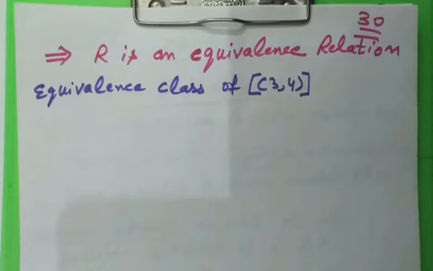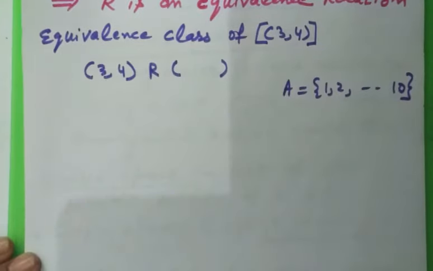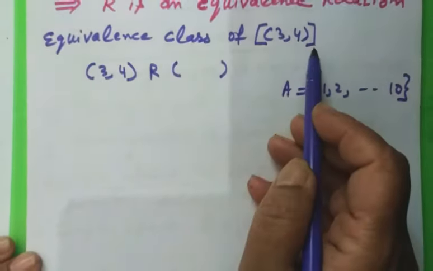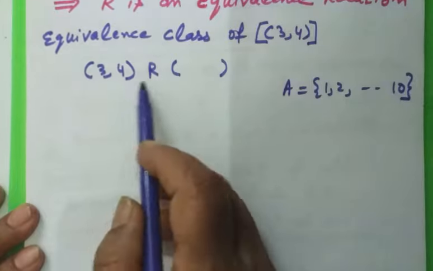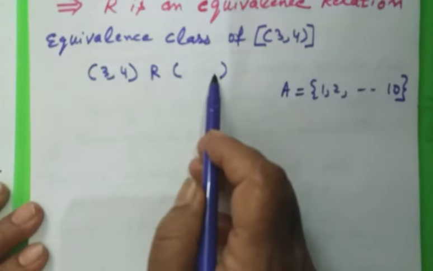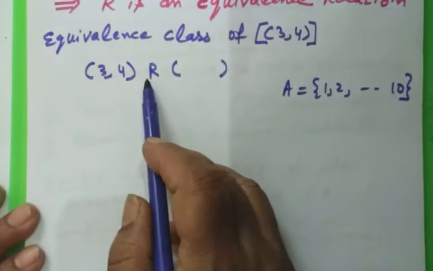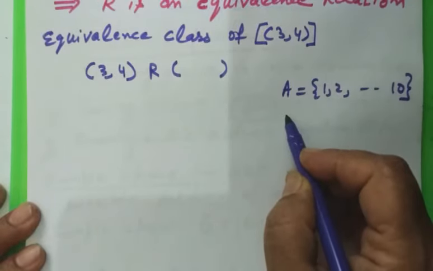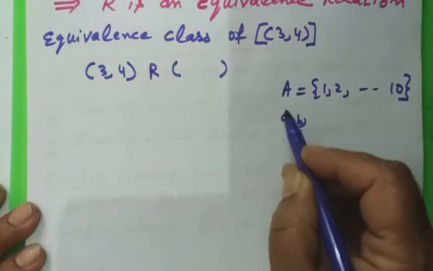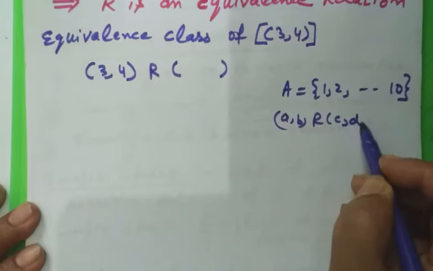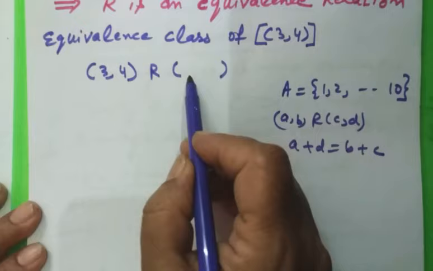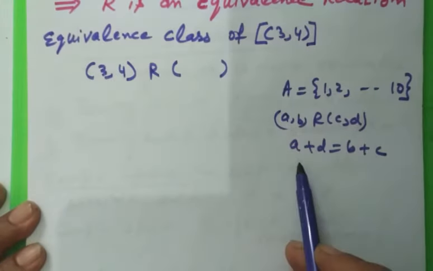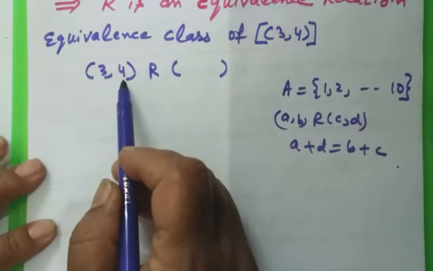Equivalence class of 3, 4 means the set of all elements which are related to 3, 4 under the given relation R. So I have to find ordered pairs which are related to 3, 4 under the relation R. The relation R was that two elements AB and CD were related if A plus D is equal to B plus C. So I have to write here such an ordered pair which follows this relation with the ordered pair 3, 4.